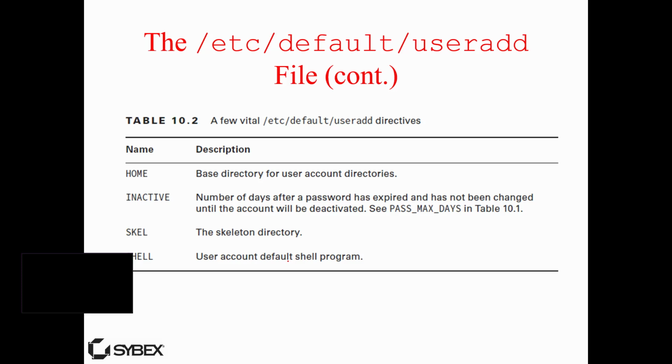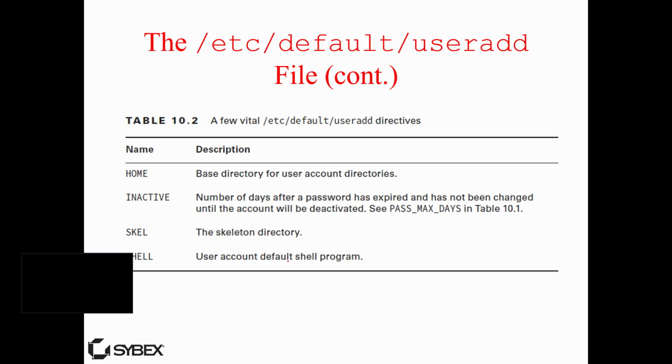So this is the number of days after the password expires and is not changed, after which the account will be deactivated. For example, you set up a password that expires every 100 days, so every 100 days the user has to change the password.